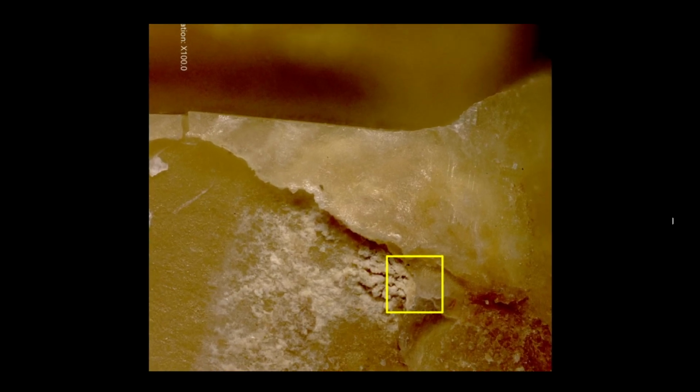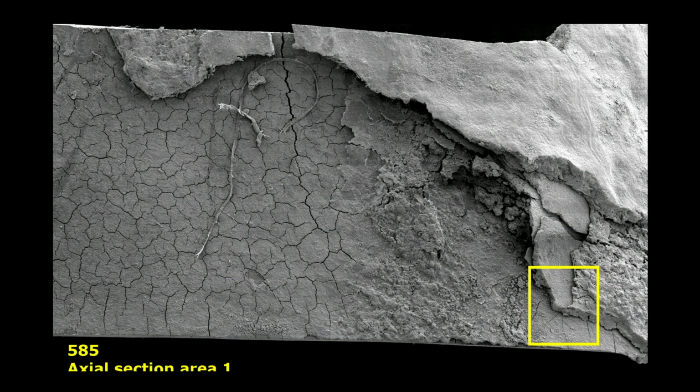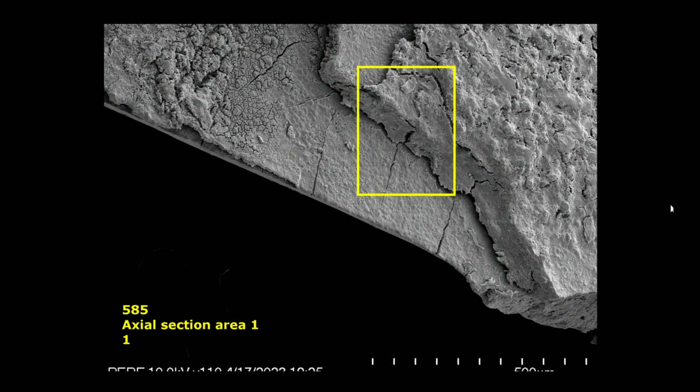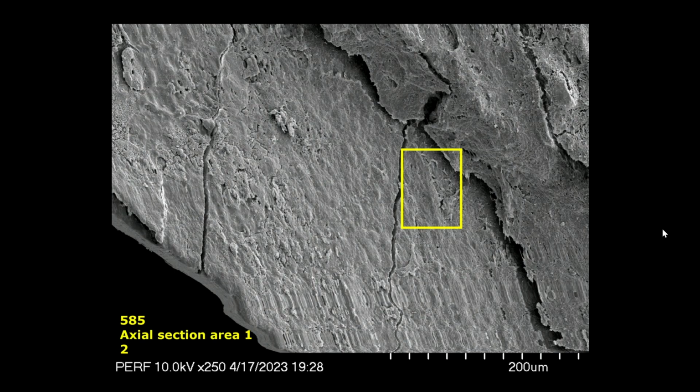And I looked at many different areas at the edges of the cementum to see if I was actually looking for fungi, but I didn't find any, because prior to this we had found fungi.